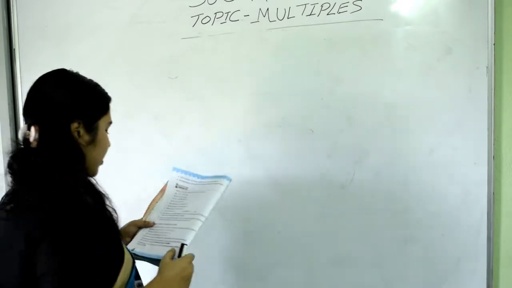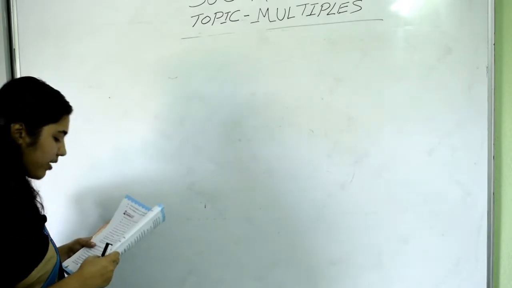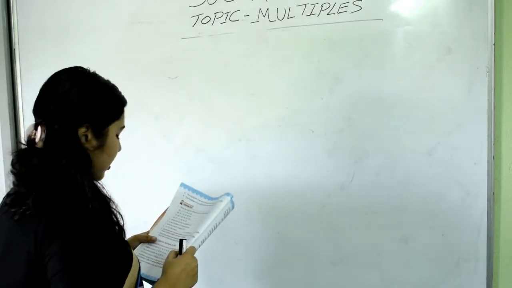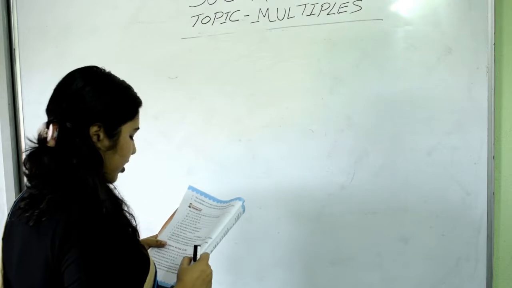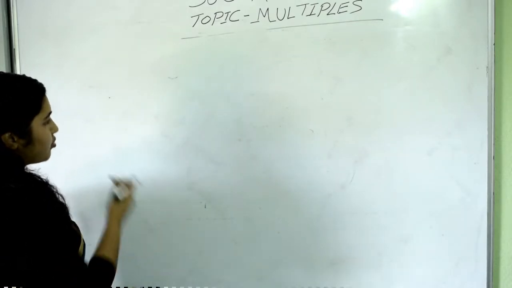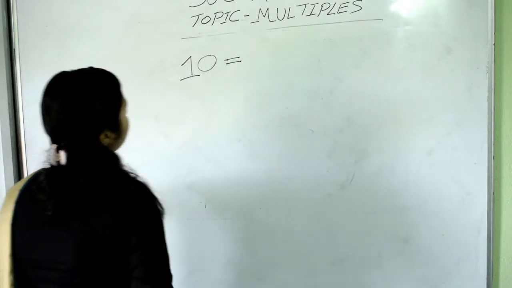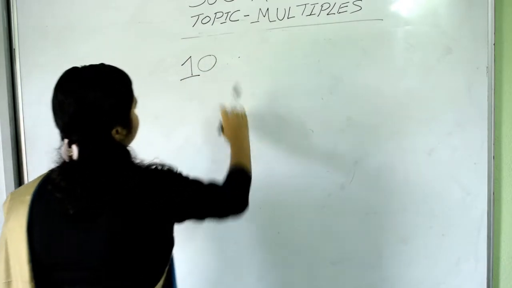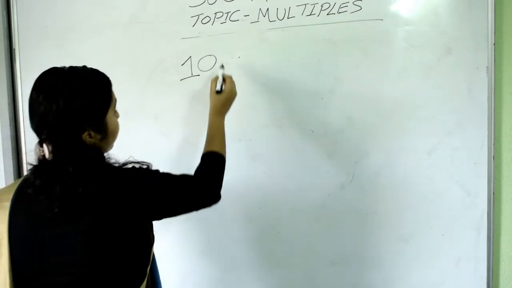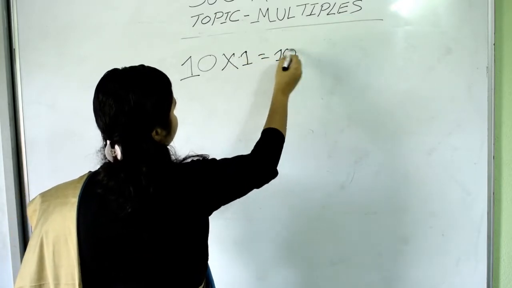Next, come to question number 6. Choose any even number between 1 to 20 and write its first 10 multiples and check if all the multiples are even numbers. So choose any even number from 1 to 20. Choose 10. So we have to write the first 10 multiples of 10, starting from 1, which is 10 itself.